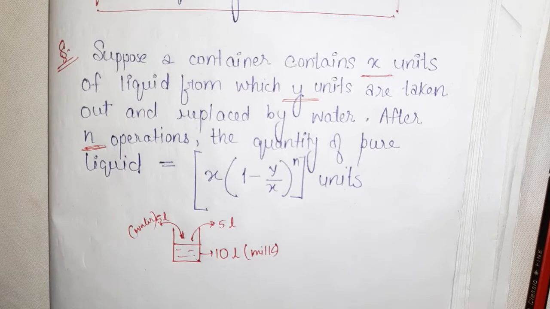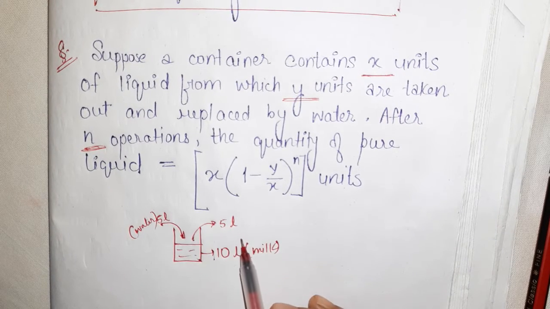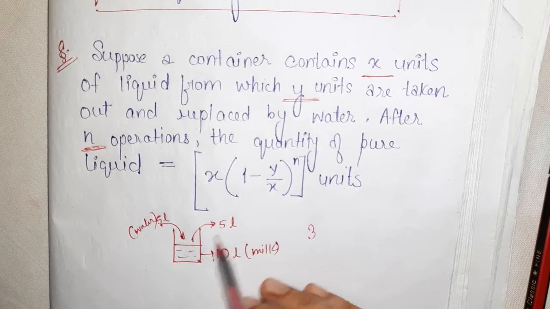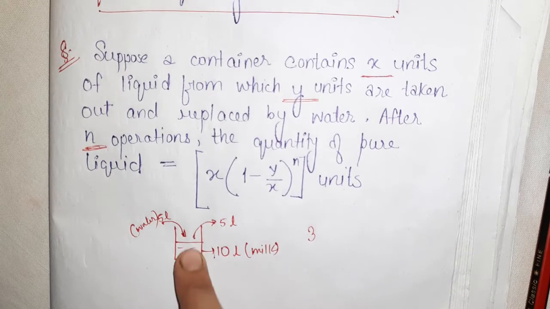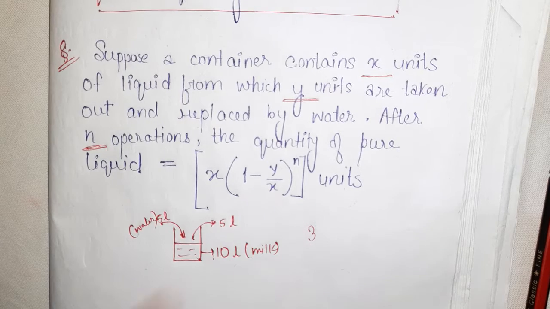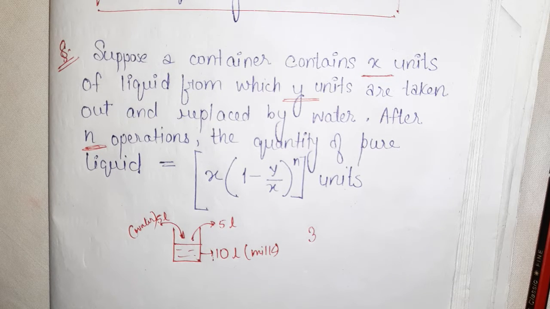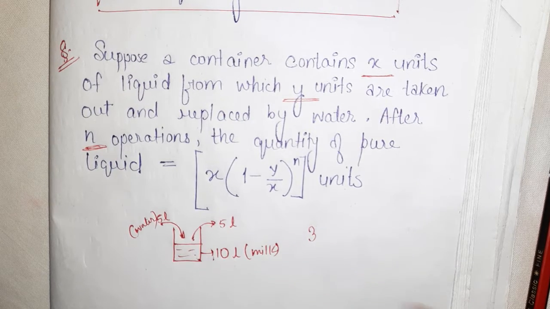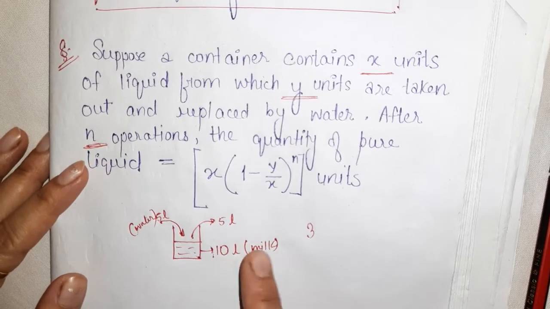And this process we repeat n times. Suppose we repeat it 3 times. Means we are adding 5 liters and removing 5 liters from the original one. Then the quantity of pure liquid in this container. Here the pure liquid is milk.